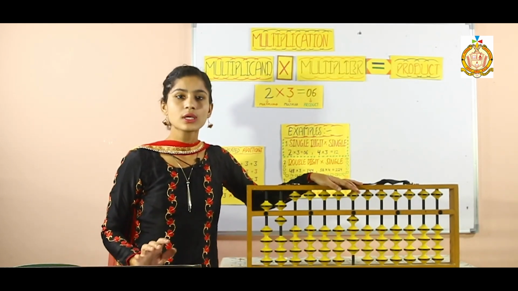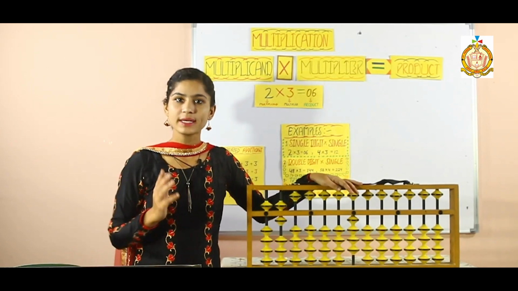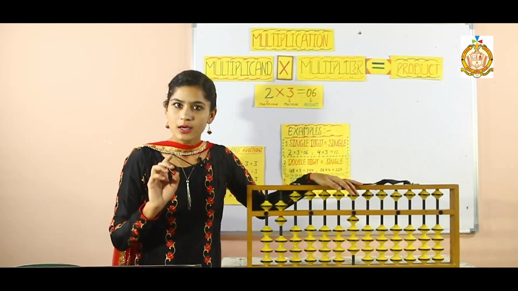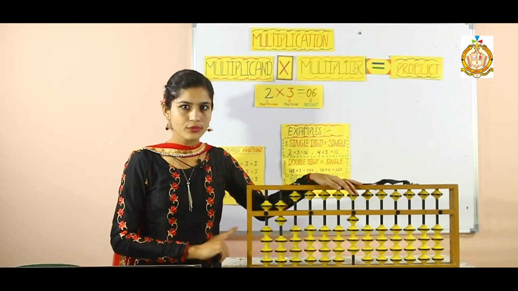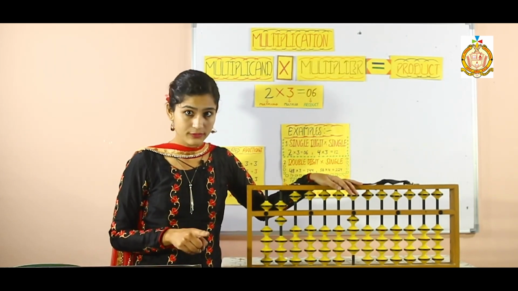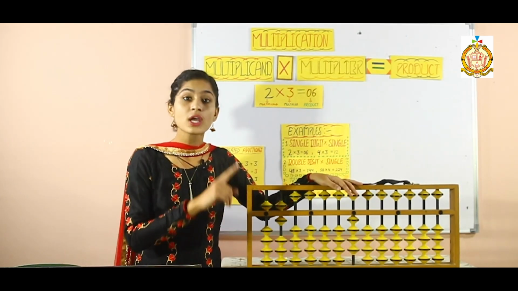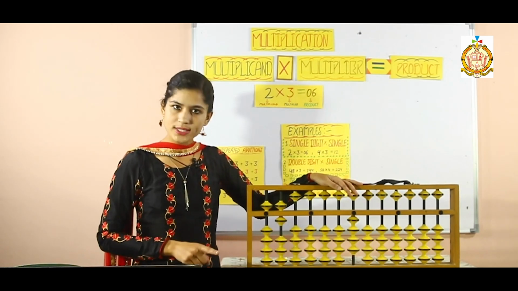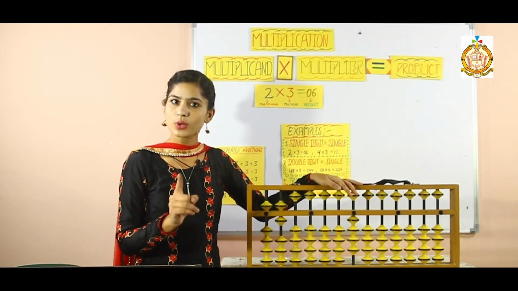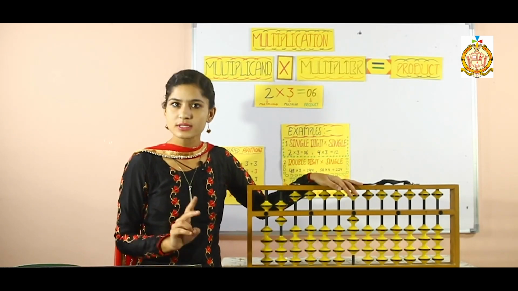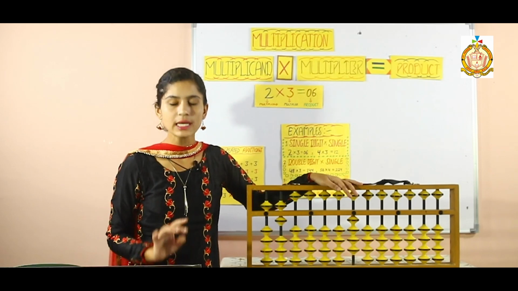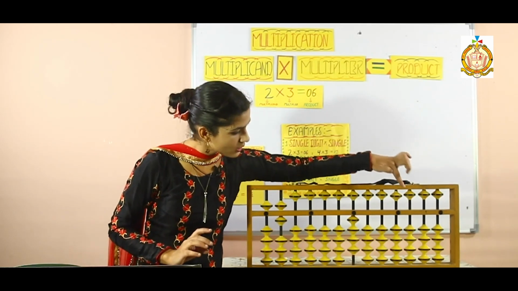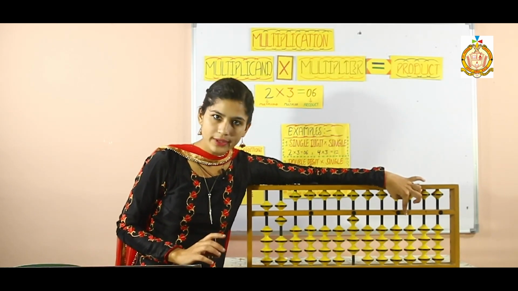Now firstly tell me, your product will come in how many digits? The first digit of the multiplicand is 5 and your multiplier is 4. 5 into 4 is 20. The rest, 6, was there. So 20 and 6. It means 3 digits. Your product will come in 3 digits. So keep your finger on the third rod.